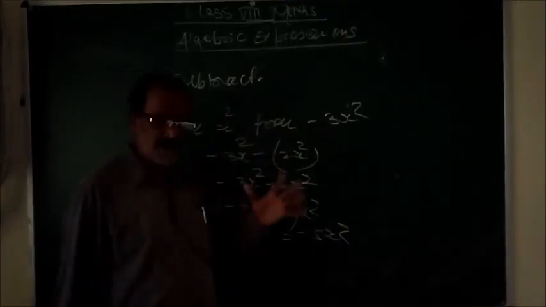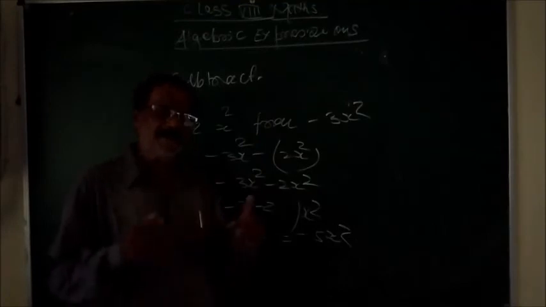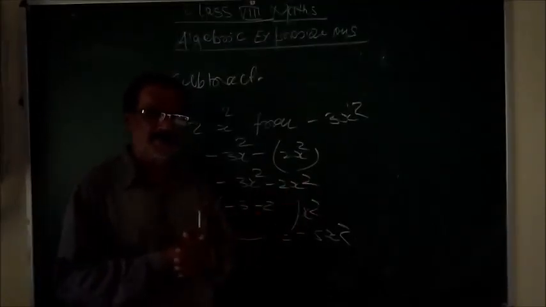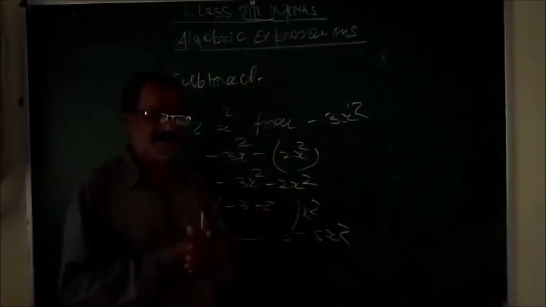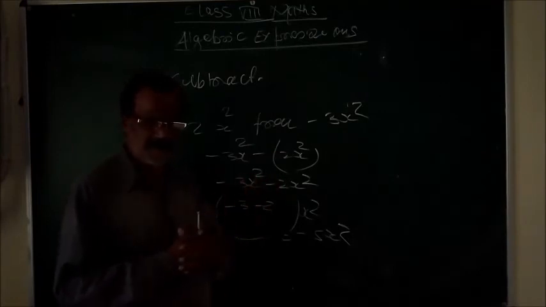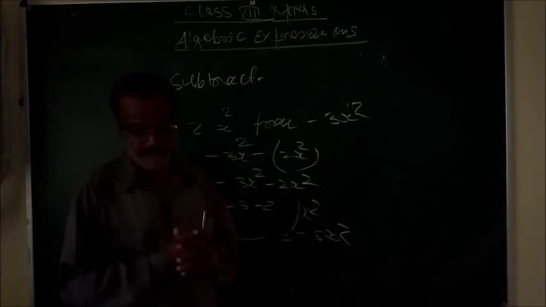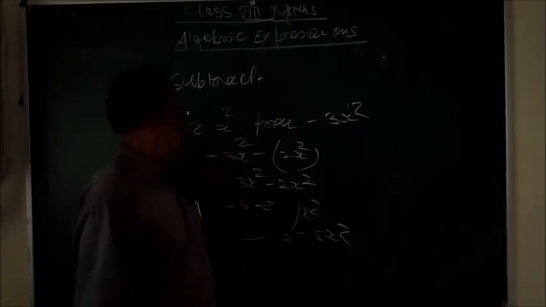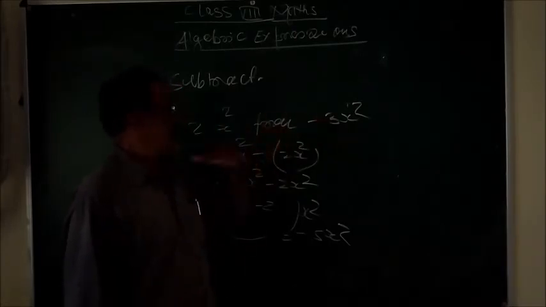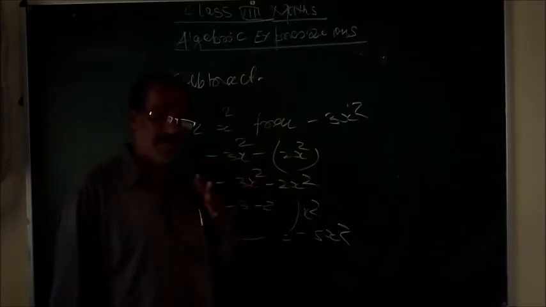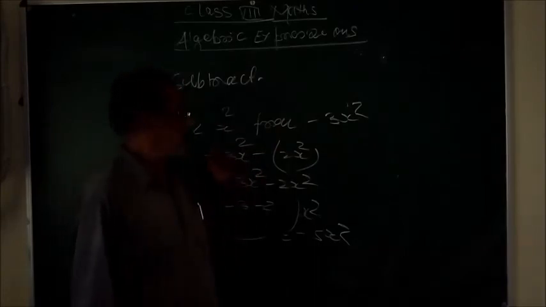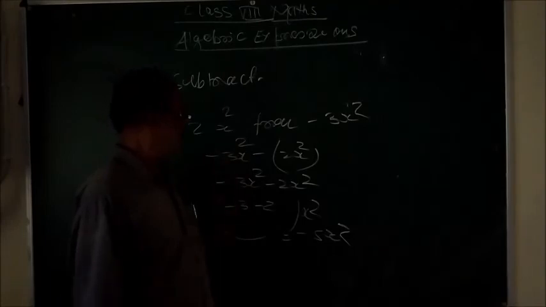And terms: if the constant and the variable are combined together, connected, they are called terms. And many terms can form an algebraic expression. And the numerical coefficient is the constant part of the term.